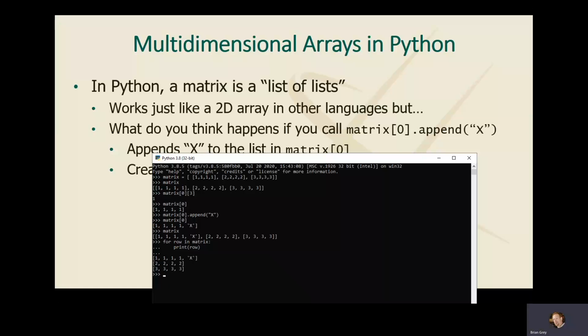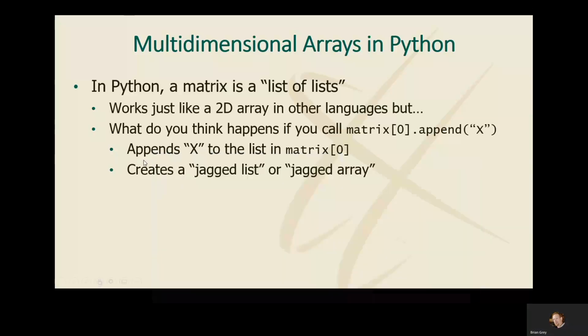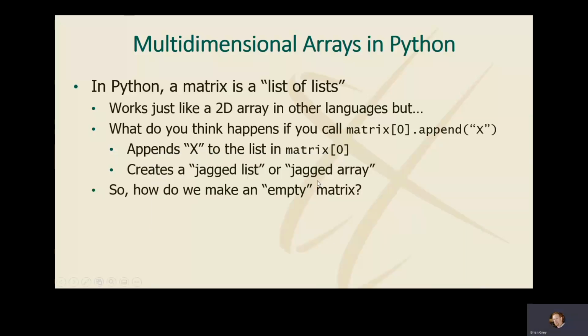So that's why it's a jagged list or a jagged array. It's not ideal. Now we can't iterate across the columns easily. I mean, we can do it independently. You would have to find the column number for each row. You can't just say, oh, I've got a 3x4 table. You can't do that. So how do we make an empty matrix?